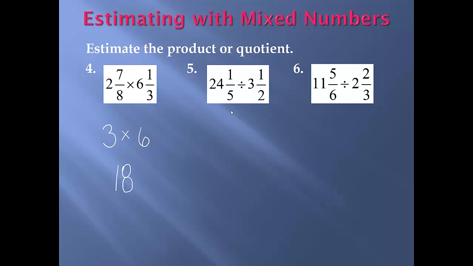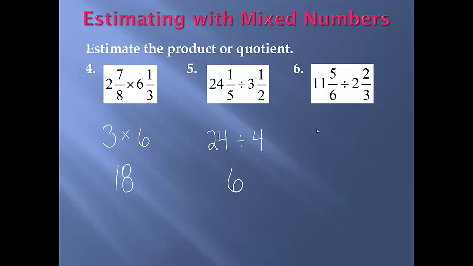So my fraction 1/5 is less than 1/2. So I'm going to keep 24 the same. Now I will look at 3 and 1/2. I have exactly 1/2. If I have exactly 1/2, I will round up. So my 3 will round up to a 4. And 24 divided by 4 is 6.